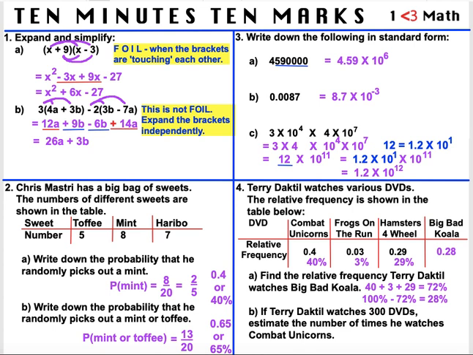Part B says if Pterodactyl watches 300 DVDs, estimate the number of times he watches Combat Unicorns. So there's a number of ways of doing this. We can start off by saying, well, we can do 0.4, that's the probability that he watches Combat Unicorns, multiplied by 300.